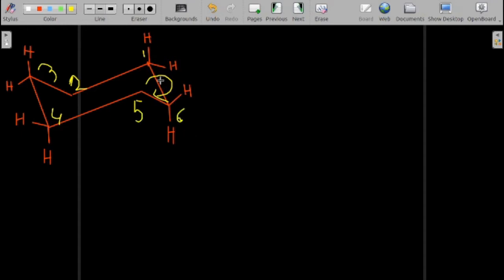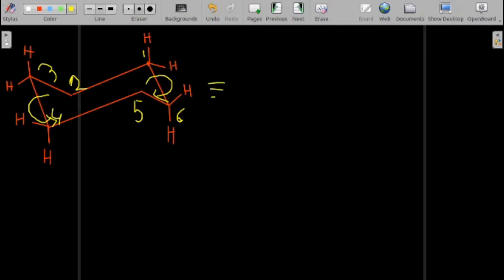So we consider two rotations: one is the rotation between carbon 1 and carbon 6, and another is the rotation between carbon 3 and carbon 4.